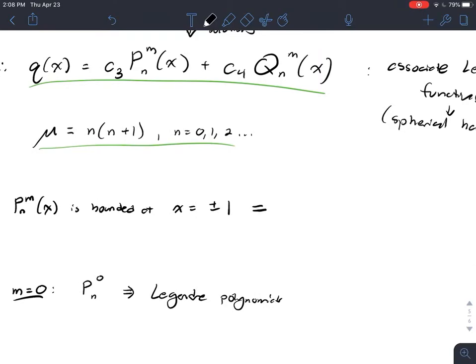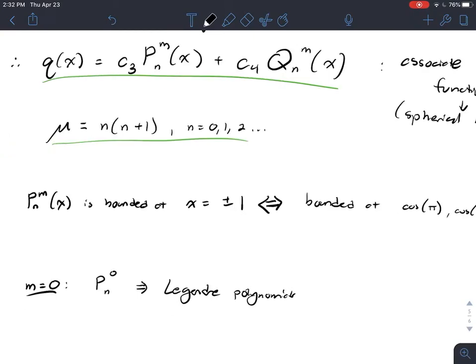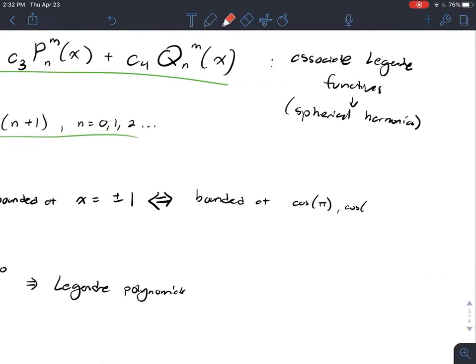And this basically translates to being bounded at cosine phi equal to cosine pi and cosine 0. So these correspond to the top and bottom of the sphere.